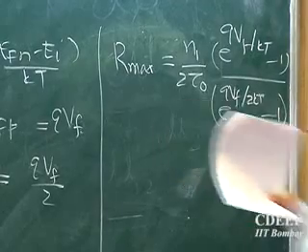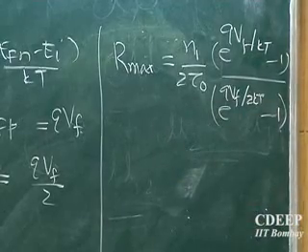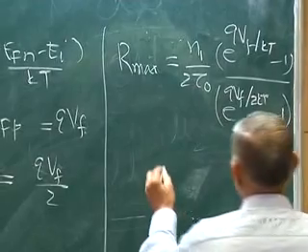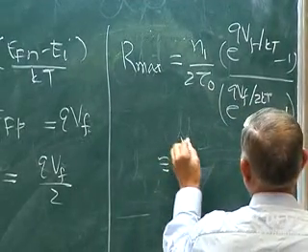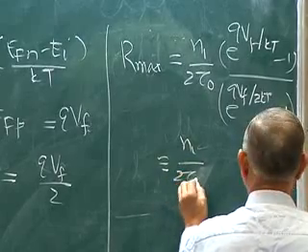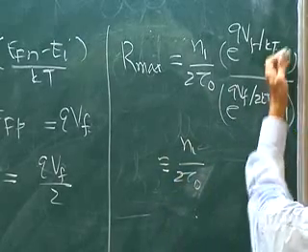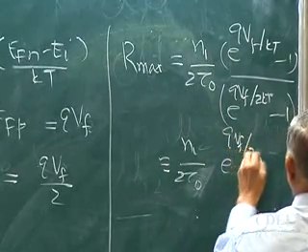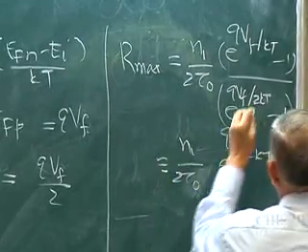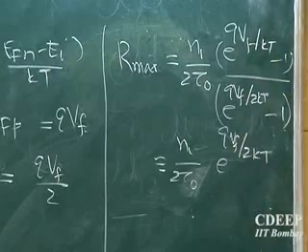You just substitute this, and in more detail you can see in Neamen's book. So this is roughly equal to ni upon 2 tau 0. If I neglect 1, this will go above e to the power qVf by kT.